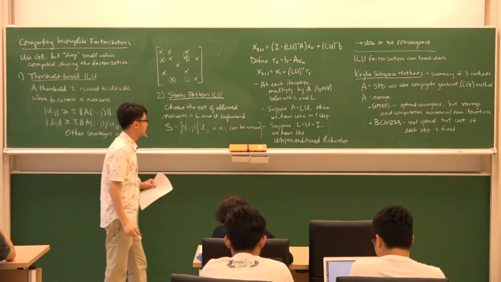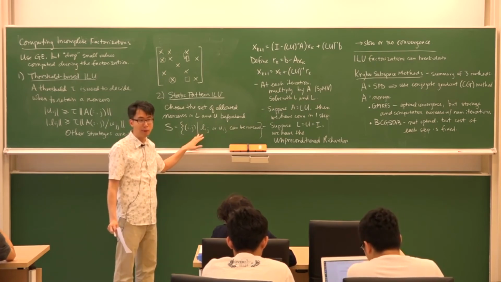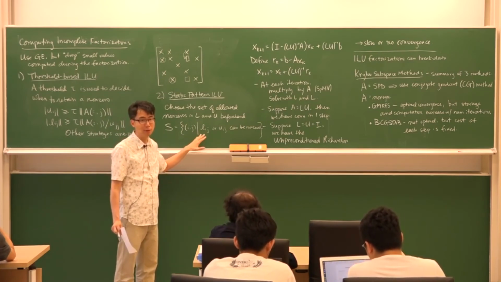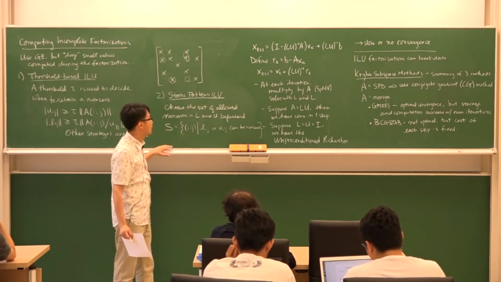It's a little bit imprecise because if you're in the lower triangular part, you can only be non-zero in the lower triangular part. But you get the idea of what this set S is.